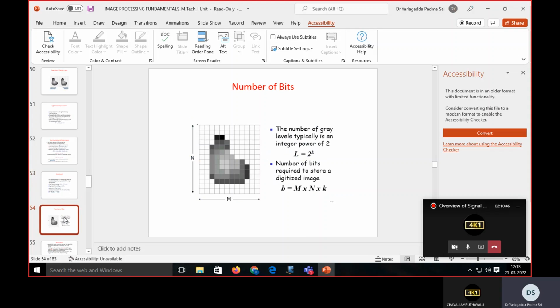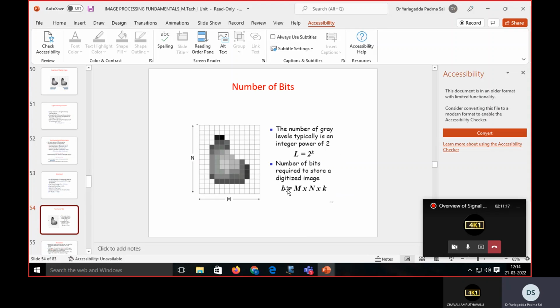Just now I mentioned. For example, if you want to store any image, why do you require compression? As resolution is high, it is good, no doubt. But your memory depends on this only. If you want to store one image, for example, I am using an 8-bit image. 8-bit means L is equal to 2 cube, where L is the number of gray levels required.